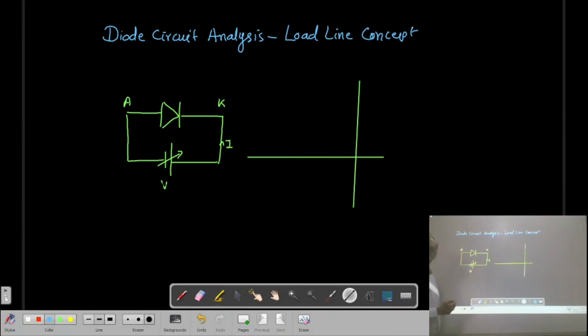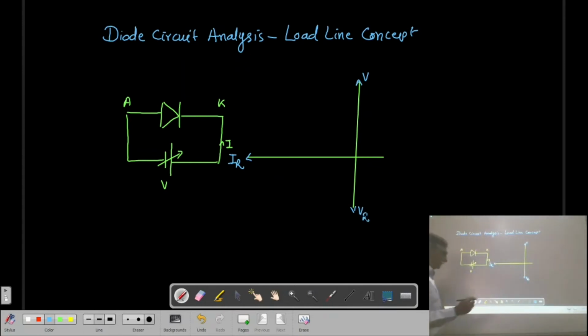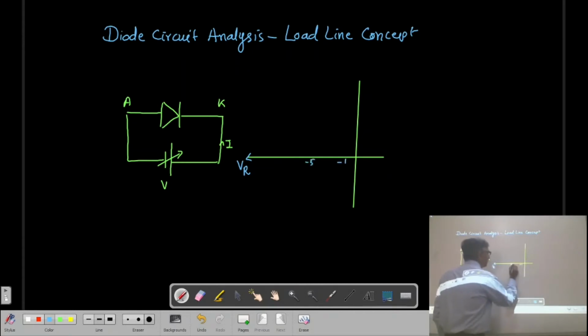If we apply the voltage V, 1 volt, 2 volt, 3 volt, and measure the current, here we have a current axis, and that is known as the reverse bias current. Here we have a voltage axis, which is the reverse bias voltage, means minus 1, minus 5, minus 10 volt, like this.